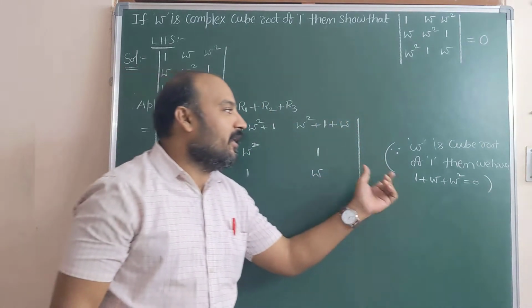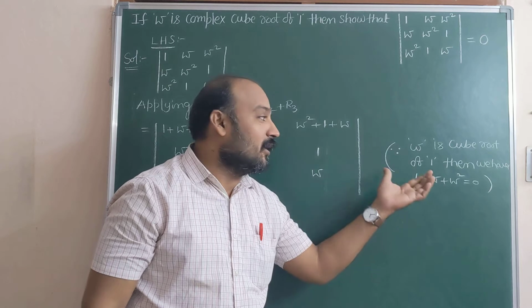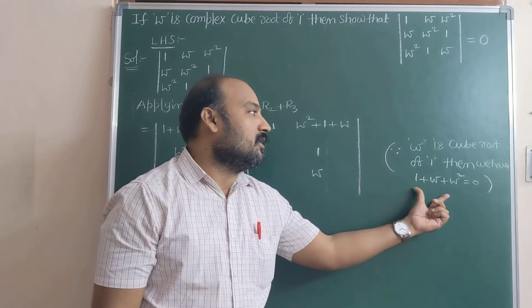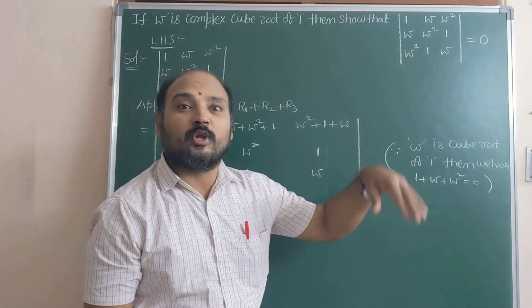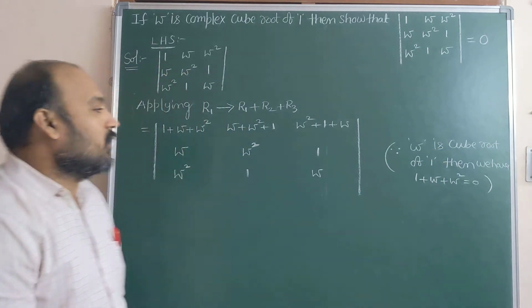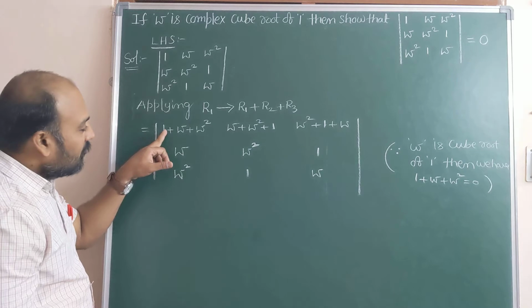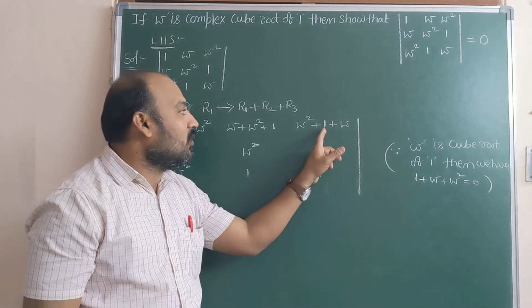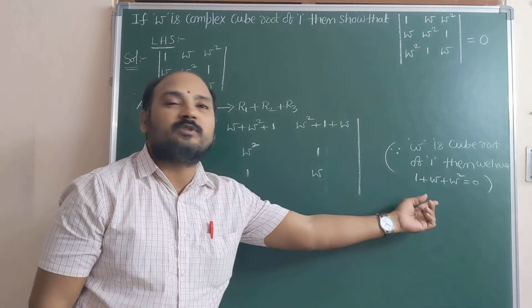So this is a very important result which is there in complex numbers in the second year. Not only this one, omega cube is also equal to 1. So in place of 1 plus omega plus omega square, we write the value 0.